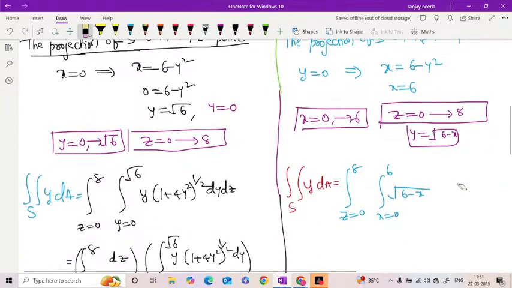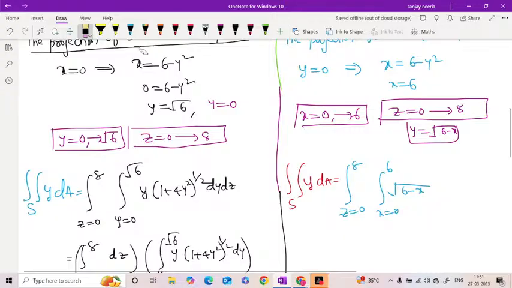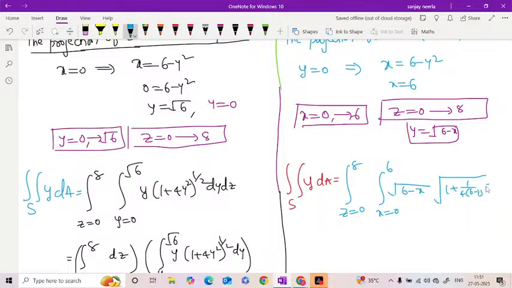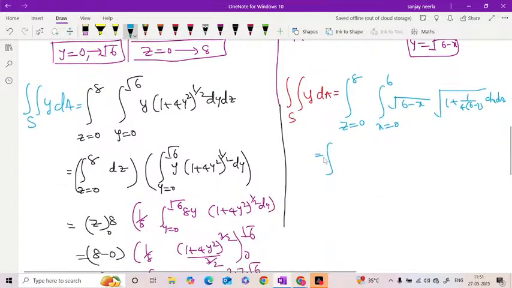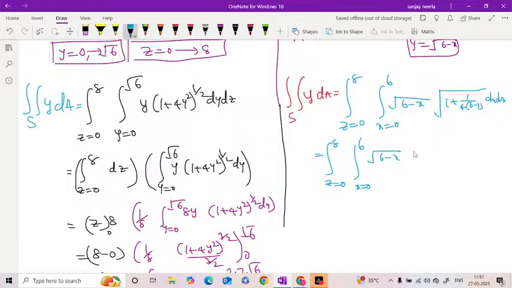The dA result is under root of 1 plus 1 by 4 into 6 minus x, dx into dz. Now z is equal to 0 to 8 and x limits are 0 to 6, under root of 6 minus x.